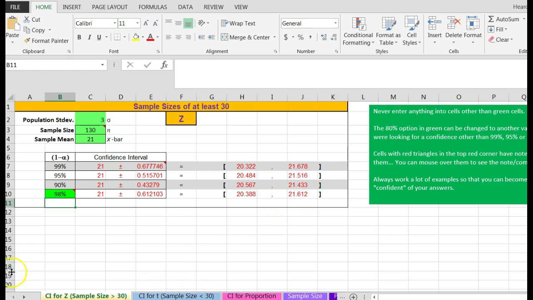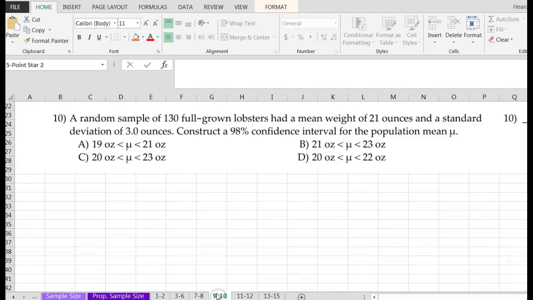So 20 to 22. Let's see if that's a choice. I'm hoping it will be a choice. 20 to 22. Bazinga. Number 10 is D.